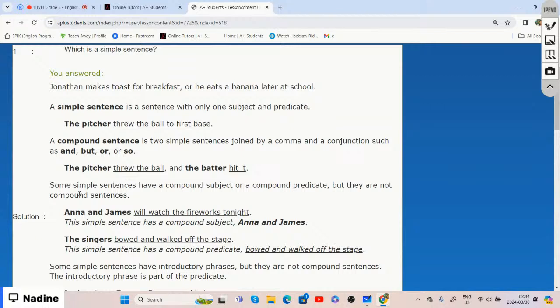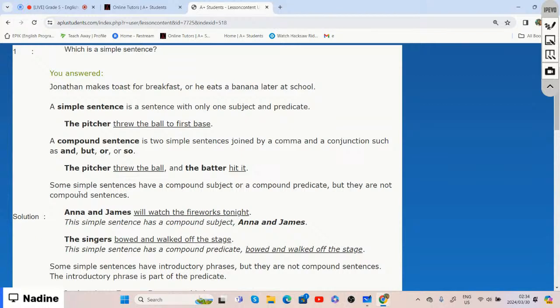And an example is: Anna and James will watch the fireworks tonight, right? If we look at that sentence, then Anna and James is our compound subject because the word and joins the two words.